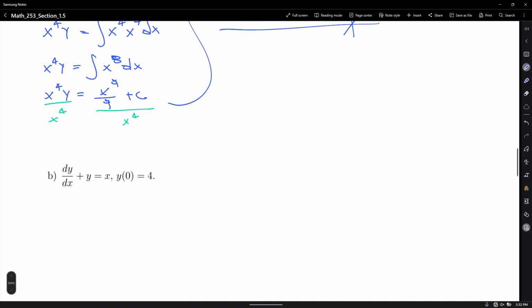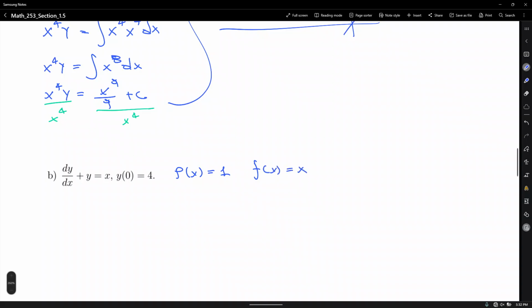All right? Okay, in this case, the equation is already given in the form of formula 1, with the derivative term having a coefficient of 1, so we can go ahead and identify our p of x, which equals 1, and our function f of x, which equals x.